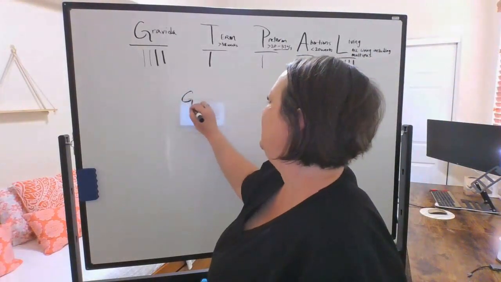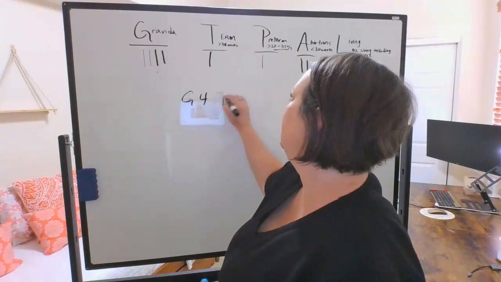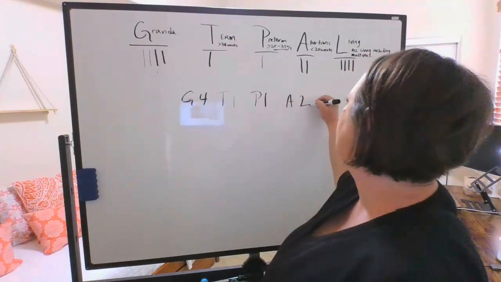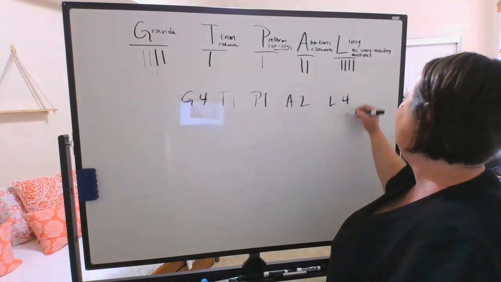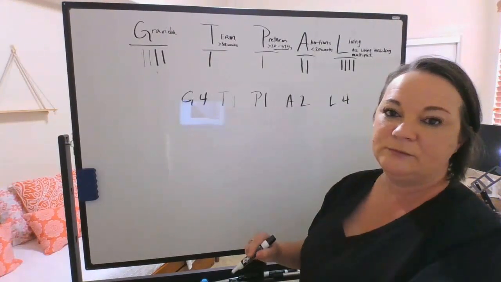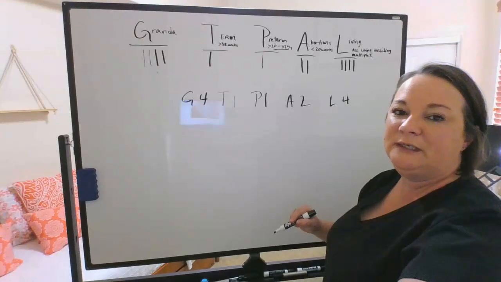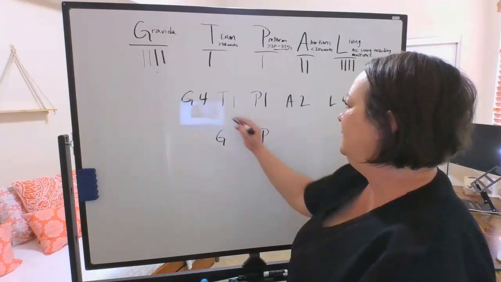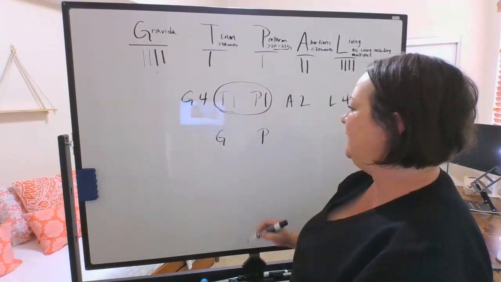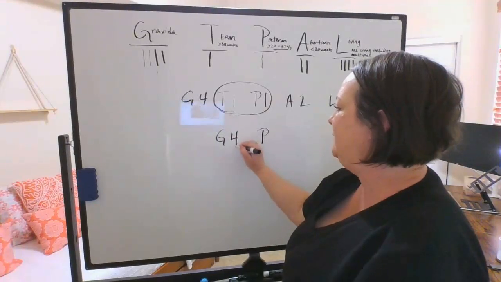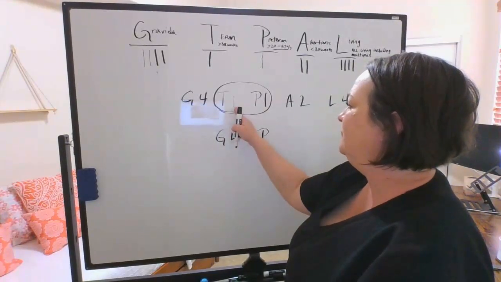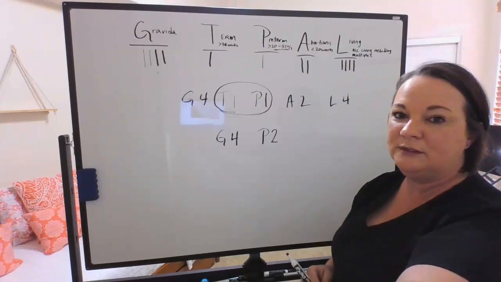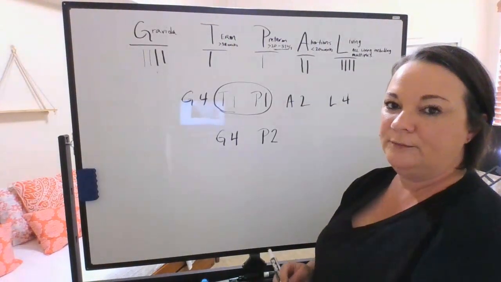She is a gravida 4, term 1, preterm 1, abortion 2, living children 4. So we can account for those multiples. In just the G and P form, we combine our T and our P, so gravida 4 stays the same, and 1 term and 1 preterm means 2. So she's a gravida 4, para 2.